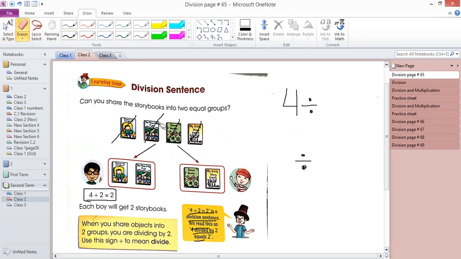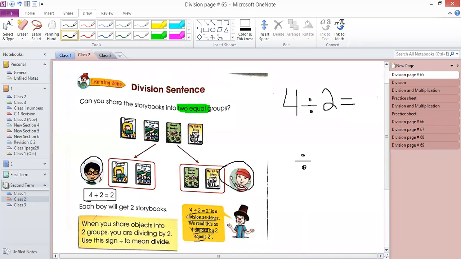So it's written here, guys, you want to divide into 2 equal groups, or you can even see that there are 2 boys. So because you want to divide into 2 equal groups, that's why you will write here 2. 4 divided by 2. The fourth thing you have to write in the division sentence is the equal to sign.